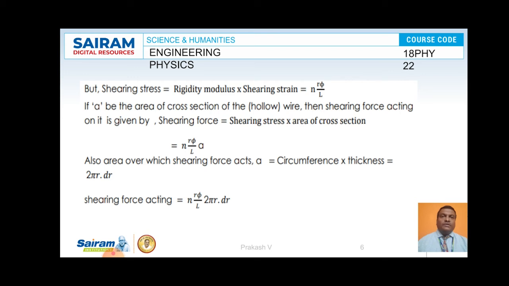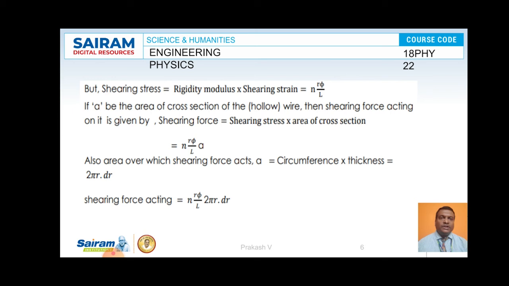It is observed that shearing stress is equal to rigidity modulus into shearing strain, that is N into r phi by L, where N is the rigidity modulus of the wire. If A is the area of cross section of the wire, then the shearing force acting upon it is shearing stress into area of cross section, that is N into r phi by L into A. The area over which the shearing force acts is circumference into thickness, where circumference is 2 pi r.